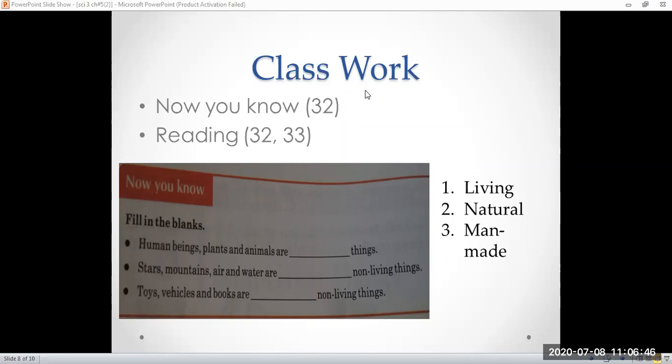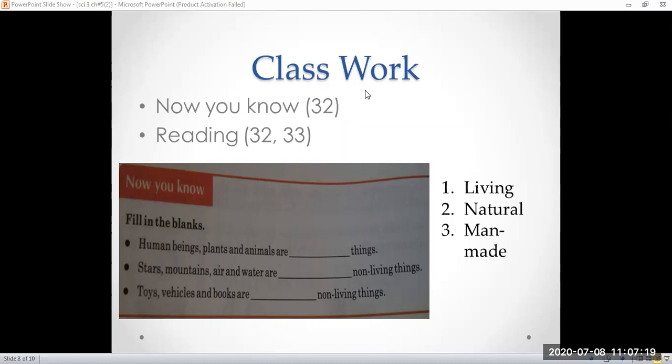Some of these movements are very slow and can be observed over a long period of time. For example, sunflowers turn their faces slowly towards the sun as it moves in the sky.